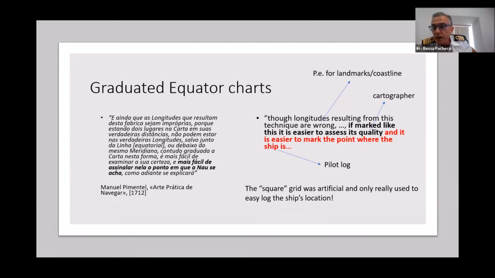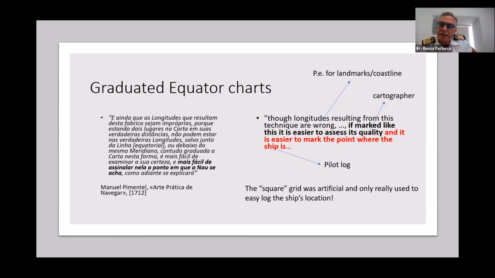If you are writing a diary and you need to say where your ship is, if you have a position, it's much easier to say it's on a mark with a certain latitude and where the longitude is 35 or 38 or 300. It's much easier. So it's intuitive and you can always reproduce.